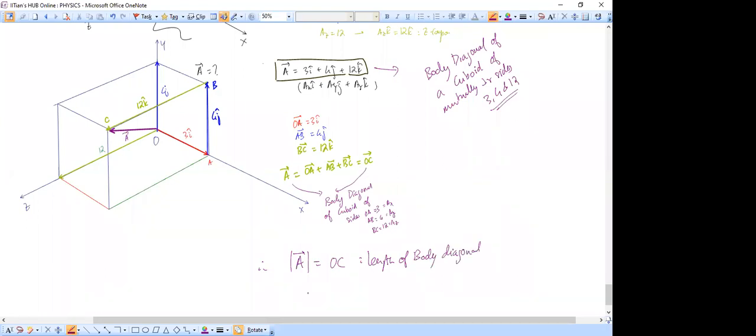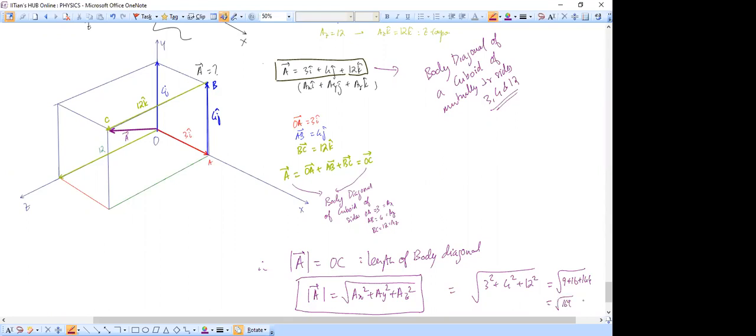So yes, in this case, the magnitude of A you will see will become 13. It will be root of Ax square plus Ay square plus Az square. So this becomes the general formula. In this particular case, it will become root of 9 plus 16 plus 144. So that is root 169, or it will be 13. So a cuboid which has sides 3, 4 and 12 in fact has a body diagonal of 13.